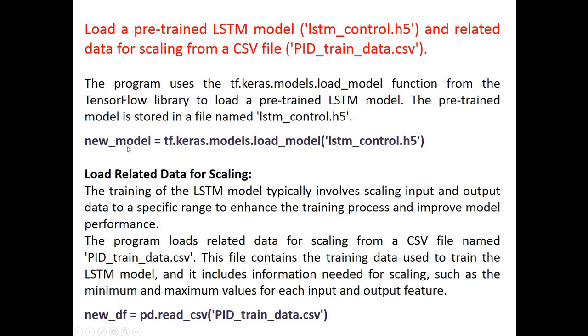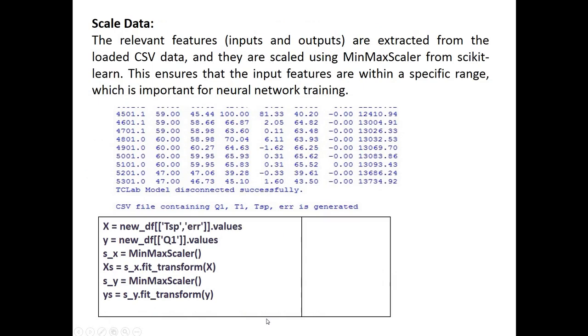In a single line, new model, you can load the data into a model, and a new data frame is coming from the CSV file. As I explained earlier, the CSV file looks like this, with a lot of columns, and we just use Q1, T1, TSP, ERR, error, etc.